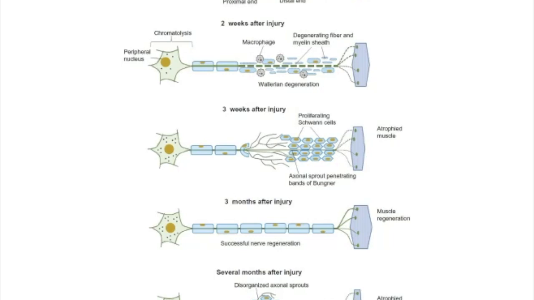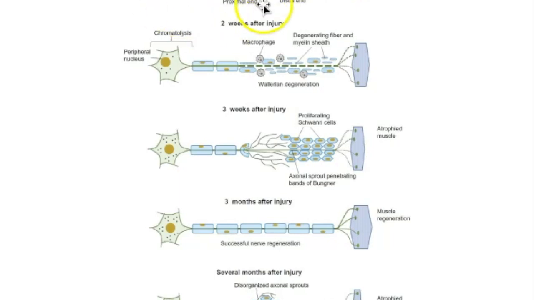Remember what a nerve is. A nerve is a group of axons that are all bundled together. Just like ganglia are groups of neuron cell bodies that are all bundled together. We find nerves and ganglia in the peripheral nervous system.